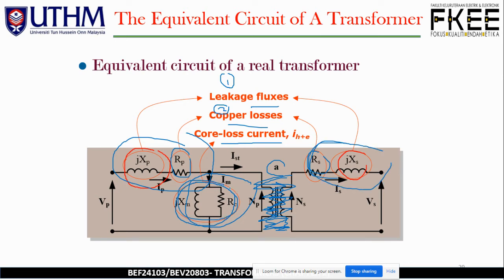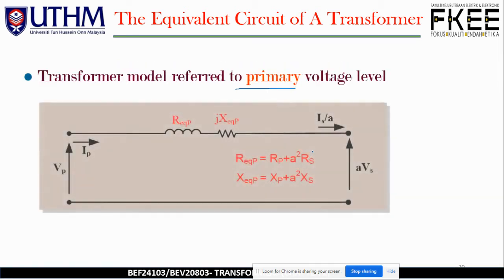Once we refer to primary, we now have a squared RS as well as a squared XS. And what happened to I? We just divide by a, and Vs we multiply by a. So we have moved all the elements in the secondary. Again, I repeat: I, V, RS, and XS over a settle down in the primary.